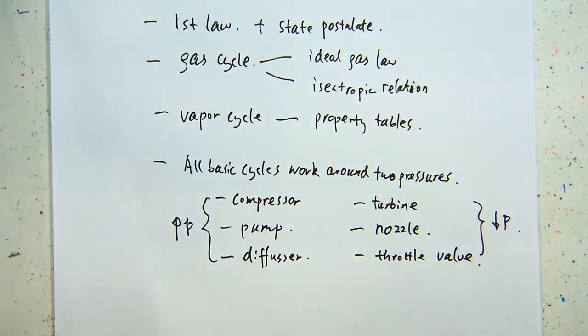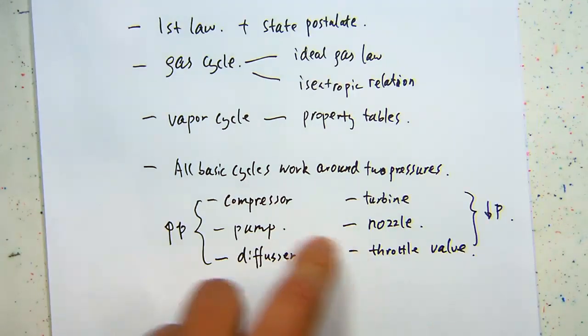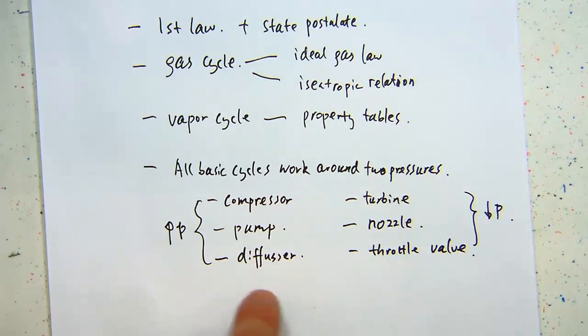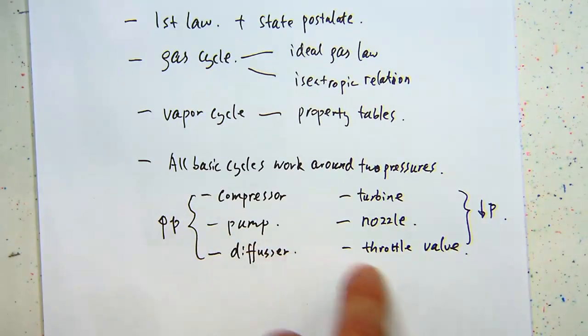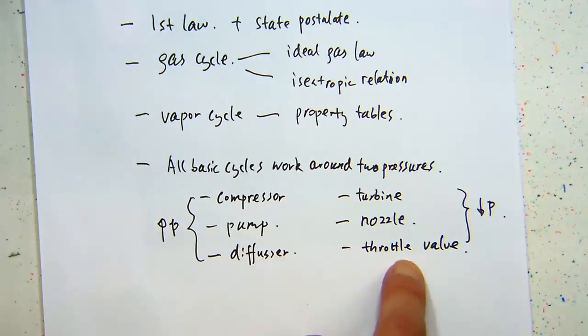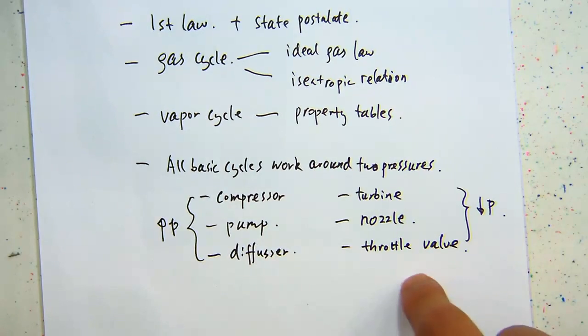And within them, actually five of them we can apply the isentropic process to, except the throttle valve. For the throttle valve, the enthalpy is conserved across the throttling valve.